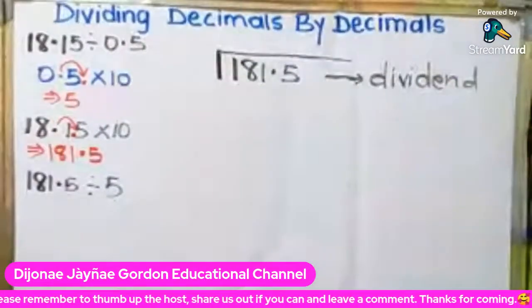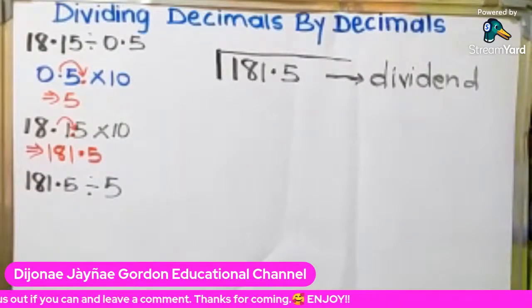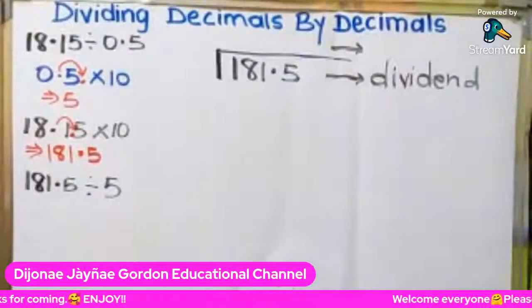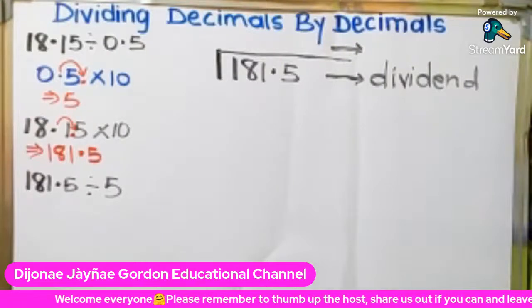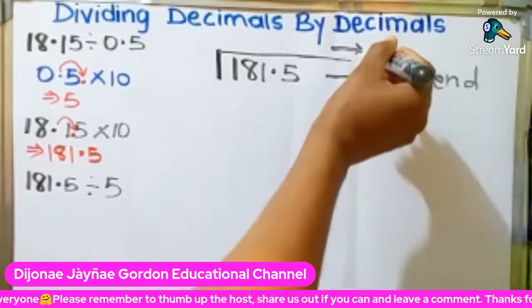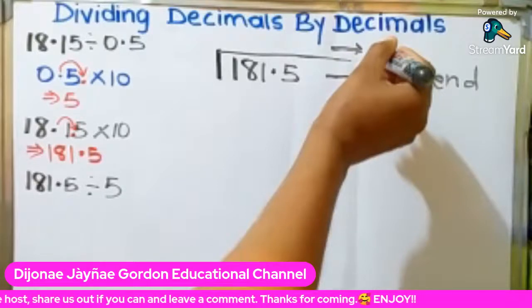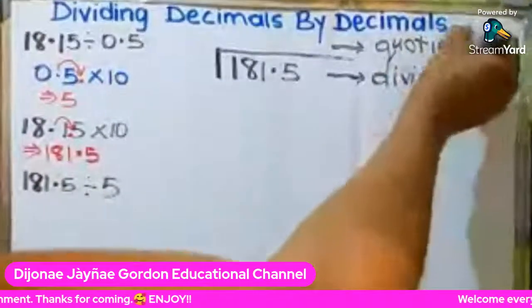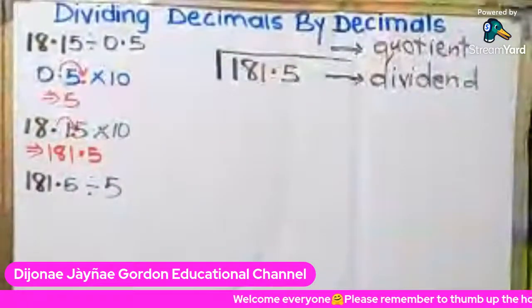The word dividend is spelled D-I-V-I-D-E-N-D. All right? Our answer is going to be up here. And of course, your answer is known as your quotient. That is Q-U-O-T-I-E-N-T. Let me write it. All right? So your answer is known as your quotient. So I write it right there.